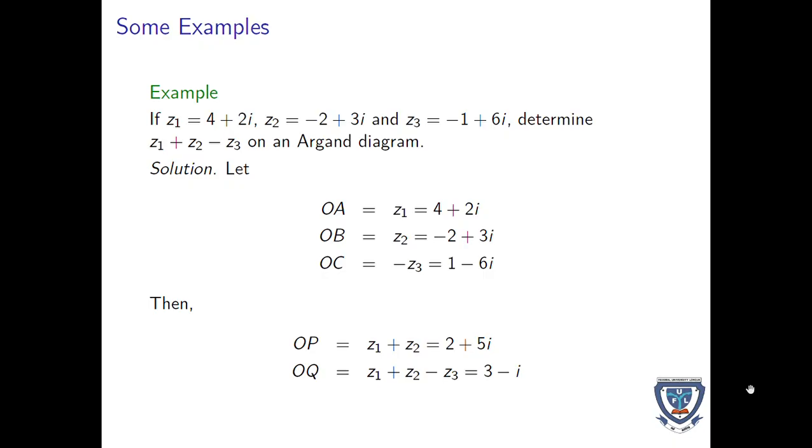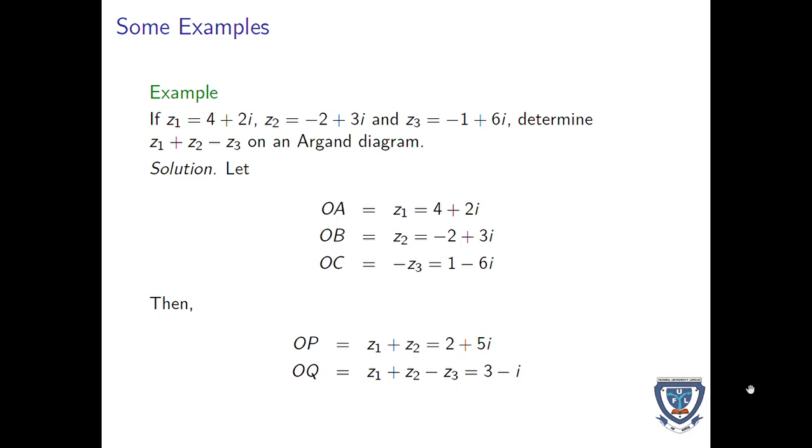Let OA equal z1 and OB equal z2, while OC is minus z3, OP is z1 plus z2, and OQ is z1 plus z2 minus z3, which is the solution we are looking for.